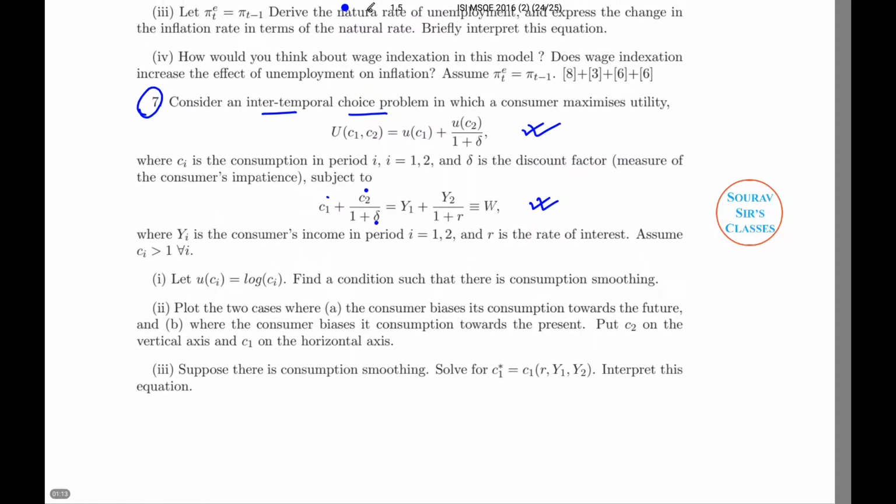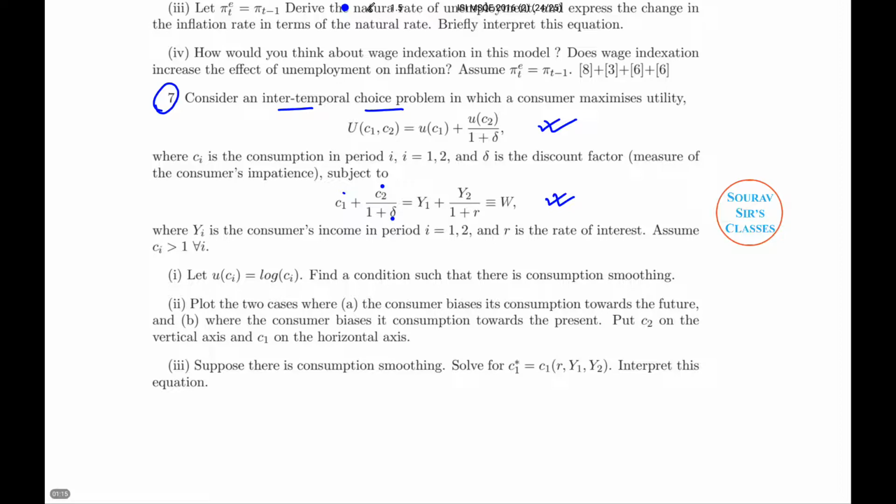Now the question says, let the utility function given take the log form. Then find the condition such that there is consumption smoothing.